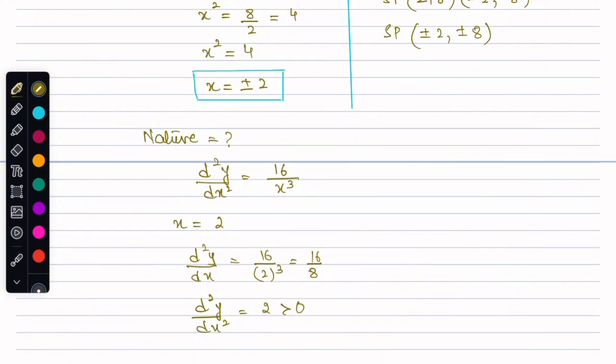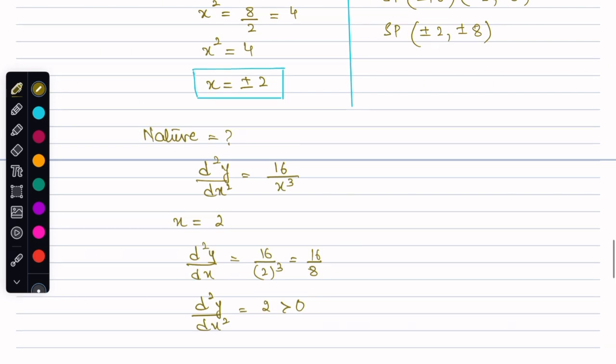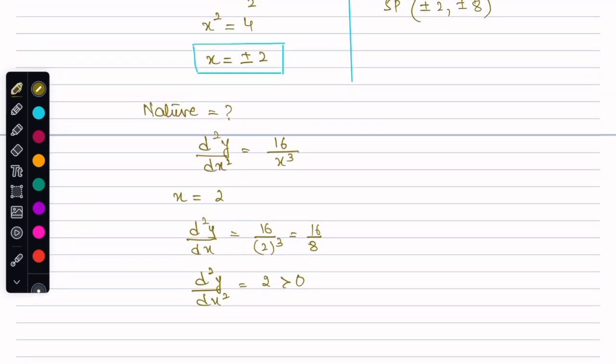So what I have seen here is that when my second derivative is greater than 0, this point (2, 8) has to be of minimum nature. As it is greater than 0, simply I can say that therefore (2, 8) will be of minimum nature.